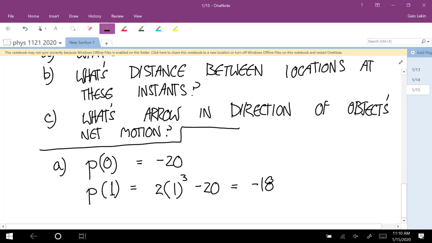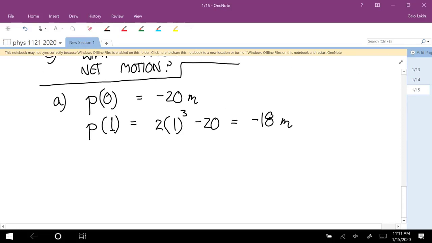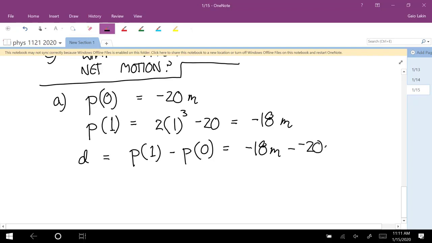And since this is all given in meters, the units are meters for each of these. And so the displacement is just the position at the later time minus the position at the earlier time. That's negative 18 minus negative 20. So that's positive 2 meters.